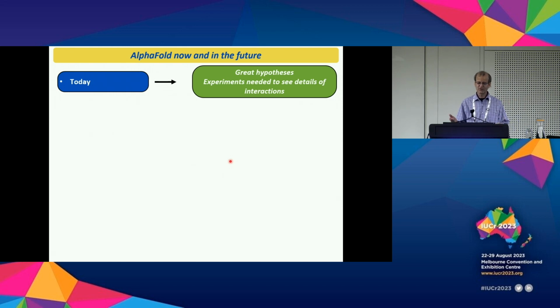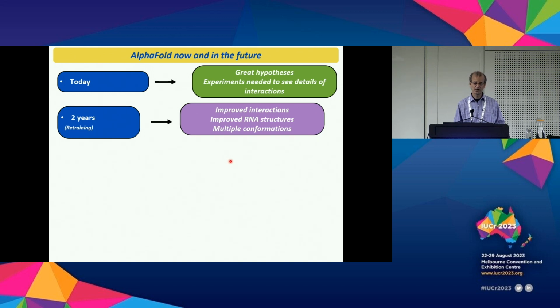So they're great hypotheses. Experiments are clearly still needed to see the details of the interactions. So it jump-starts it, it gets us going, gives us a lot of ideas, but we need the experiment to tell us what's happening in our case, under the environmental conditions of whatever we're studying.